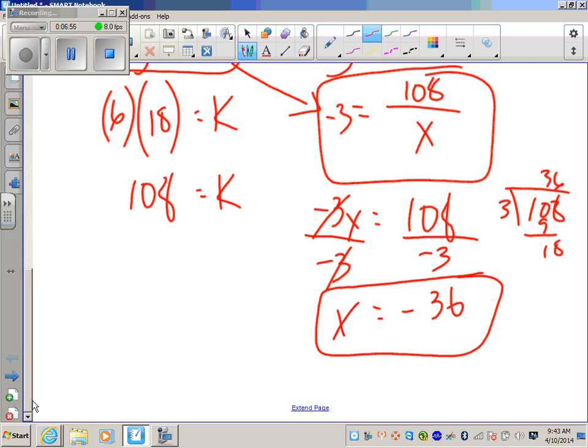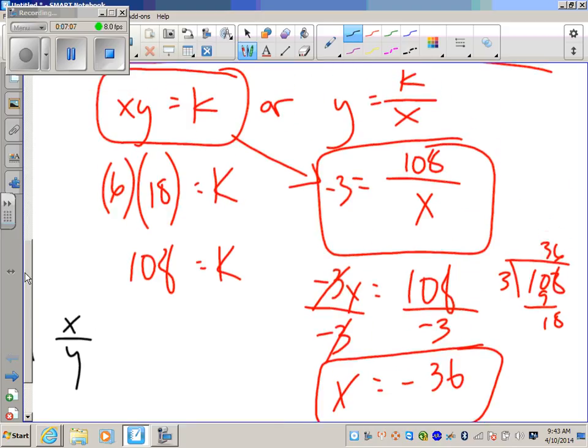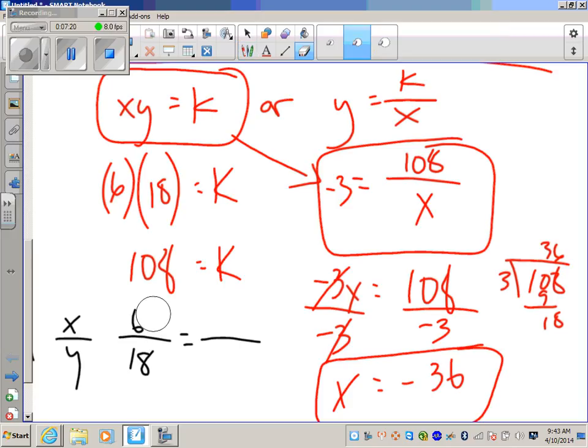Does it work our other way? Can we test it this way? So they said y was 6 when x was 18. Is that what they said? Right? No, y was 6 when x was 18. Find x when y is negative 3.